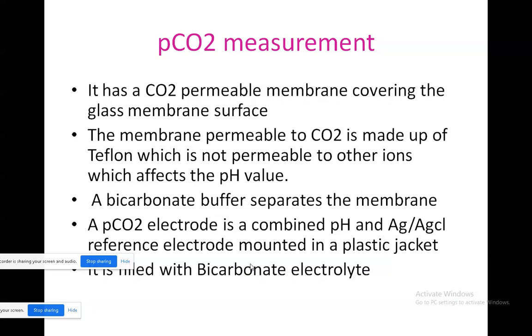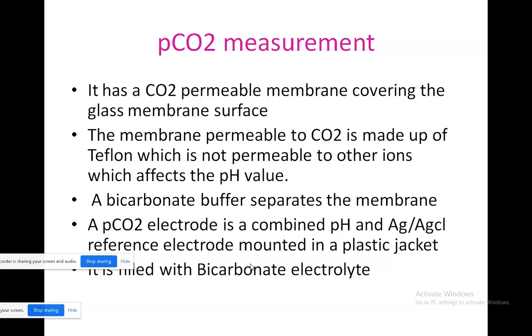So for PCO2 measurement you use a combination of a pH electrode and a silver and silver chloride electrode. The silver and silver chloride electrode is used as the reference electrode, and both electrodes are placed in the plastic jacket.